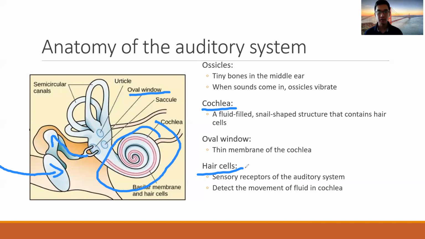Hair cells are the sensory receptors of the auditory system. They can detect the movement of the fluid in the cochlea, and transfer the movement into signals in the neural system. So the hair cells connect to the nervous system. Hair cells are like the cones and rods in the eyes. Those are sensory receptors, the place where the sensation happens.